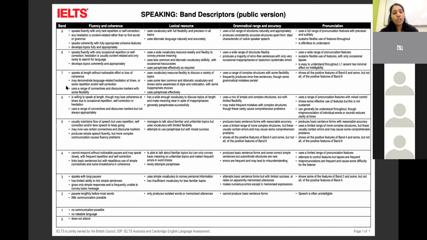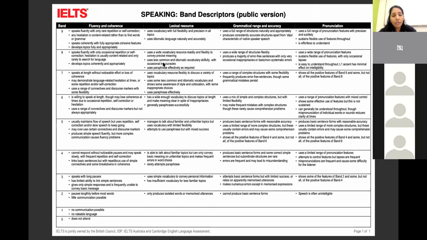So if you're not searching for words, then don't worry too much about your fluency. And if you make an error for band 7 and above, you are allowed to go back and correct yourself. In fact, it's appreciated. It gives an understanding that you can understand mistakes, or you can correct your own mistakes.